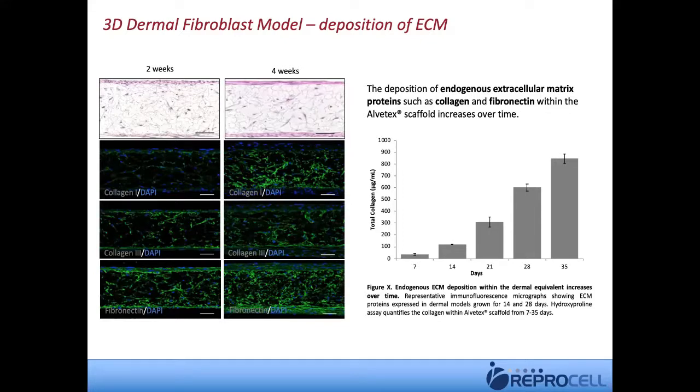So the deposition of the ECM within the matrix is important, and that has to happen over time. We grow these cultures for 4 weeks to establish what we call a foundation. So that foundation is comprised of the fibroblasts and the ECM within and on the surface of Alvetex.